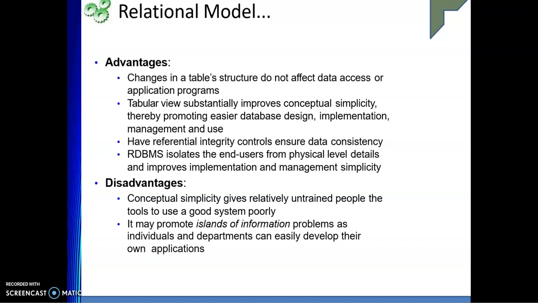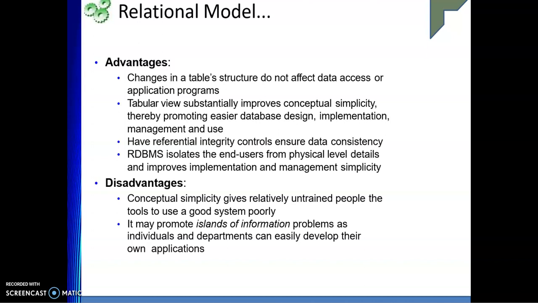As the DBMS is there, the end user is isolated from the physical level of implementation, which helps improve implementation. However, the disadvantage is that conceptual simplicity gives relatively untrained people the tools to use the system improperly. A complete understanding of the model is required, so a bunch of untrained people may make the system very poor.